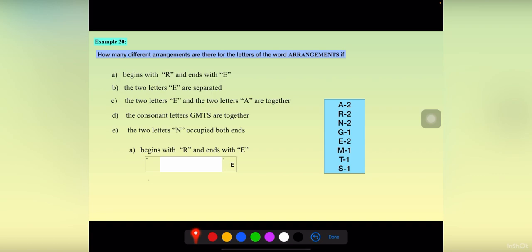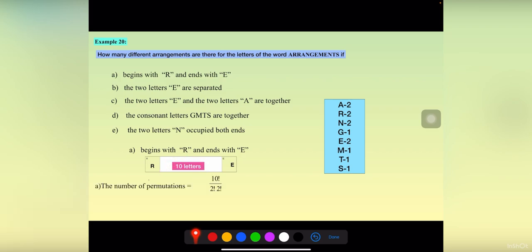So it can be pictured using this box. We have R at the beginning and E at the end. Altogether we have 12 letters, so the left behind is 10 letters.